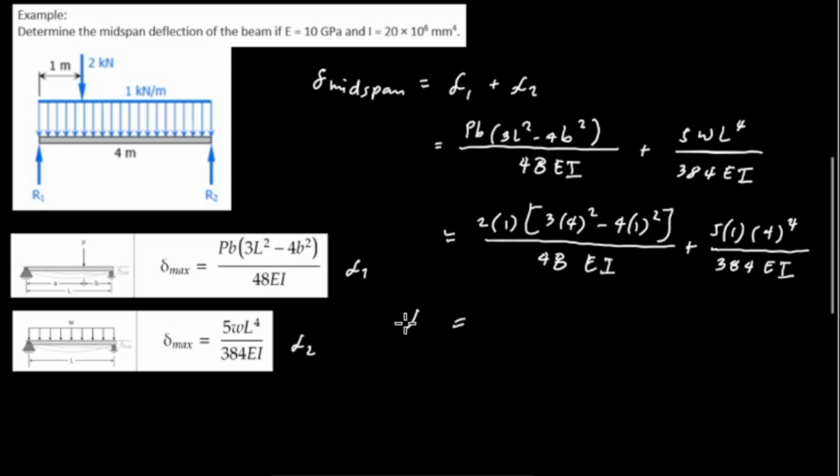So that's the maximum deflection, or the deflection at midspan.